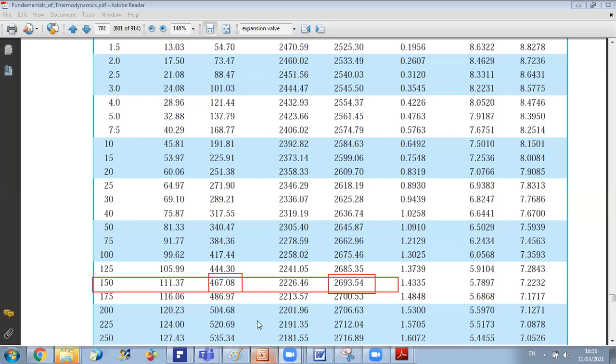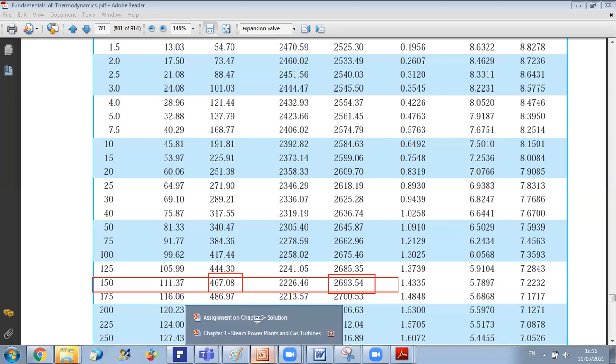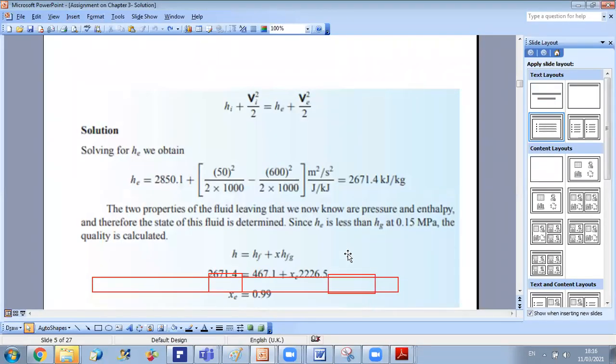So doctor, just a question. Yes, sure, tell me. If we have that H is greater than Hg, we just say that X is 1? No, look, X is 1 means you are in the saturated state. Whenever you are in the superheated state, you don't talk anymore about X, because you are in complete vapor.